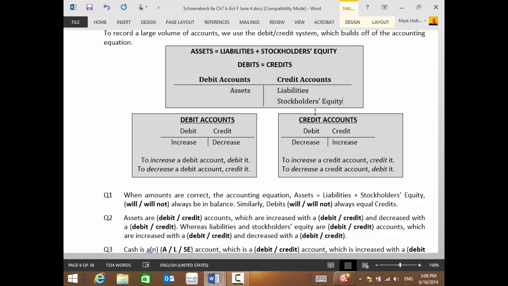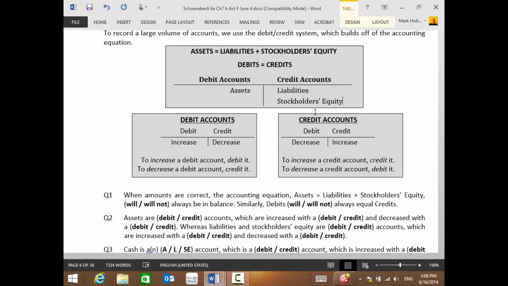So we want to create a system where we can add up long columns of numbers and occasionally subtract a number, but we won't have a situation where we have a long column of numbers, some positive and some negative, and we have to add them all up. Because that was hard to do in the 1400s. It was hard to do before you had calculators. So instead we have debits and credits. Assets are debit accounts, liabilities and stockholders' equity are credit accounts.